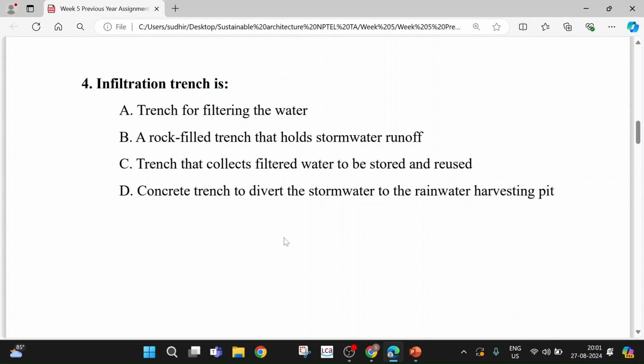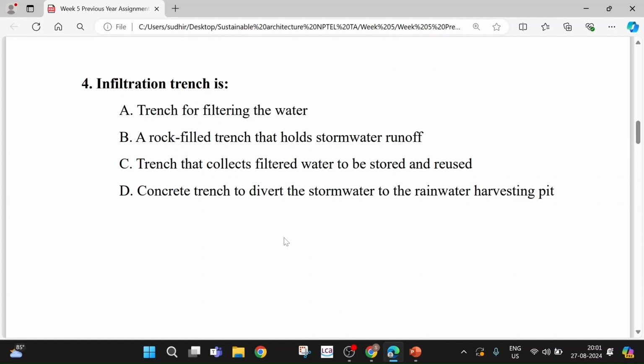If it is not there, then the stormwater will go along with the sand. Yes, actually, this rock fill thing I missed.